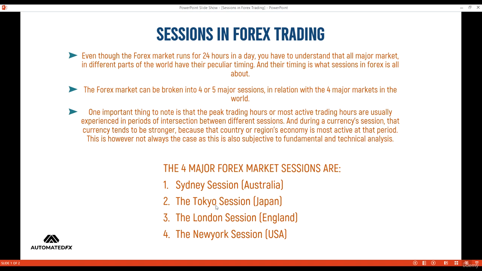The Tokyo session, which is Japan, tends to favor the Japanese yen, and probably some other countries close in proximity to Japan will also enjoy the favors that come with the Tokyo session. The Sydney session tends to favor Australia, and currencies like the Australian dollar and the New Zealand dollar tend to behave alike because of the Sydney session.